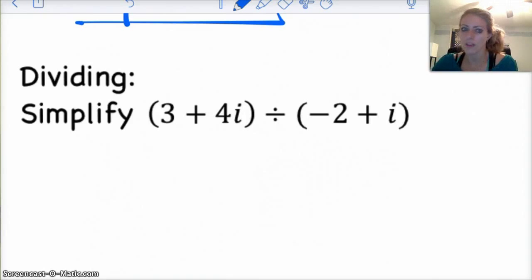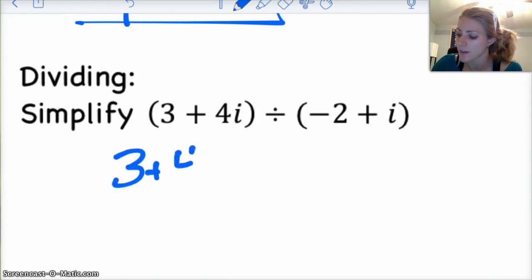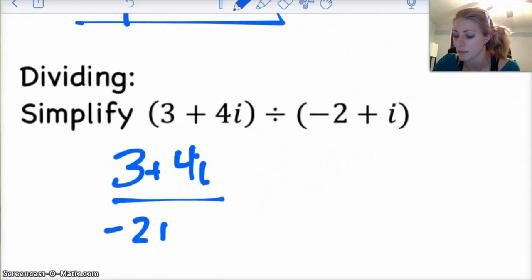So basically what I would do if you have a problem like this, 3 plus 4i divided by negative 2 plus i, you write it as a fraction first. Step 1, write as a fraction. Step 2, multiply the top and bottom by the complex conjugate of the denominator, because that will get rid of the imaginary number in the denominator.